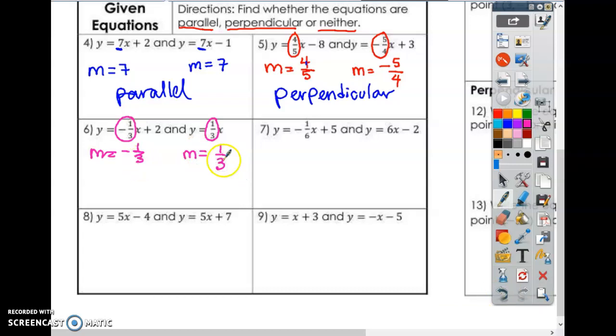Are these parallel? Are they the same slope? No. Are these perpendicular? No, because one's negative, one's positive, but they didn't flip. You see, no se voltearon. So these are neither, ninguno. Neither.